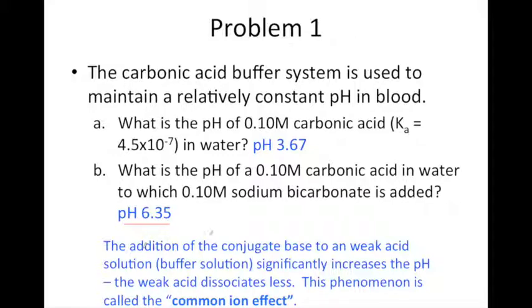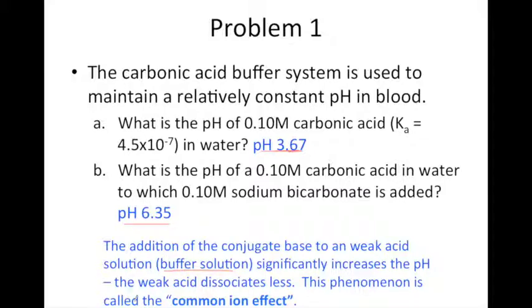So the addition of the conjugate base to the solution of carbonic acid, in other words, we created a buffer solution, prevents the pH from changing significantly, and the pH is significantly higher when we compare it to just the pure acid by itself.